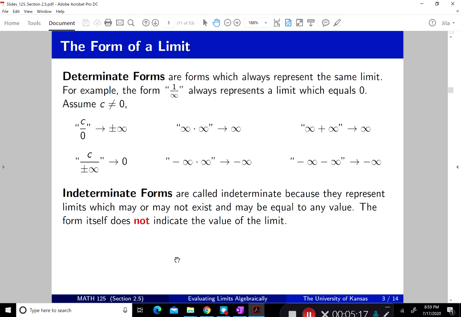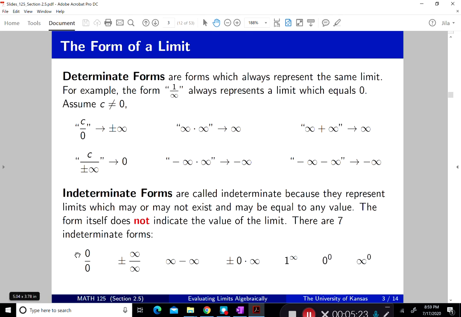The form itself does not indicate the value of the limit. There are seven indeterminate forms: 0 over 0, plus and minus infinity over infinity, infinity minus infinity, plus or minus 0 times infinity, 1 to the power infinity, 0 to the power 0, and infinity to the power 0.